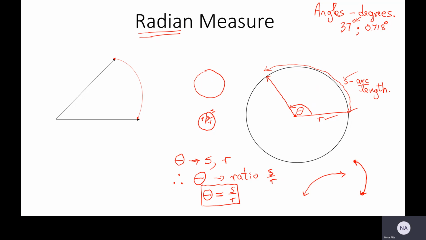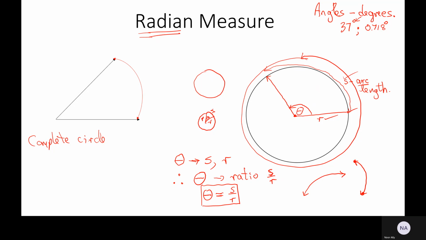Now, if we consider a complete circle, if we have to go right around, the angle theta is how many degrees? 360 degrees. And if we go right around, the arc length is actually the circumference, which is equal to 2 pi r. Now take this information and substitute it into there.